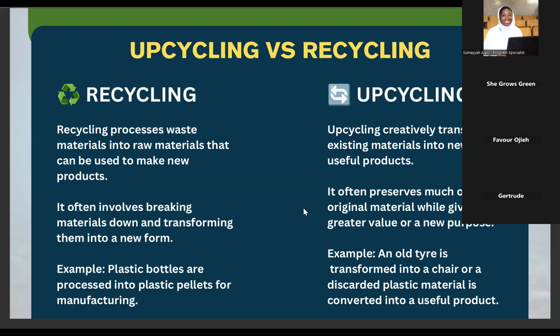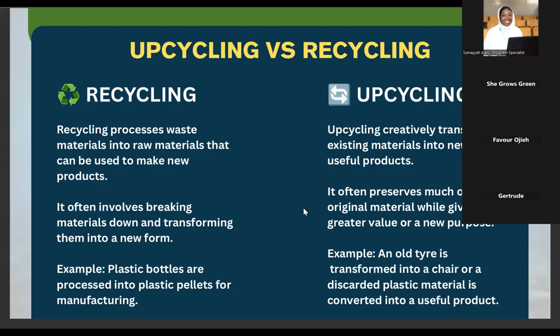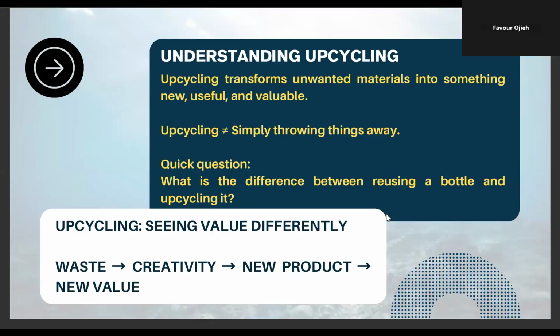And before you consider going into recycling or upcycling, you have to identify the category or the group you belong to. So we have those who are social innovators and those who are scientific innovators. Now, what is the difference? A social innovator is someone who looks at waste in the environment. Just like I said, we should imagine the waste we have in our spaces.